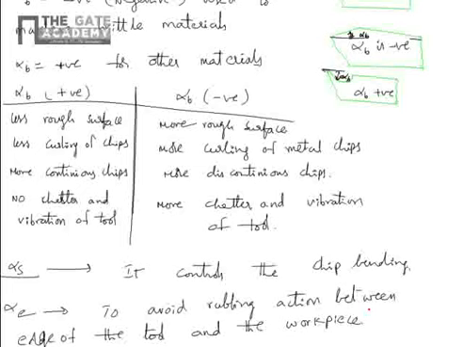So as the end relief angle, sorry, this one is theta, increases, rubbing action decreases. The more the angle, up to a limit, the better. If it is 0, then there is a parallel line, so rubbing action will be more.